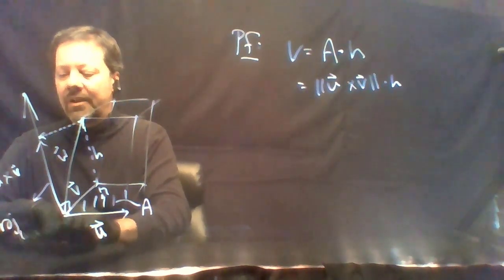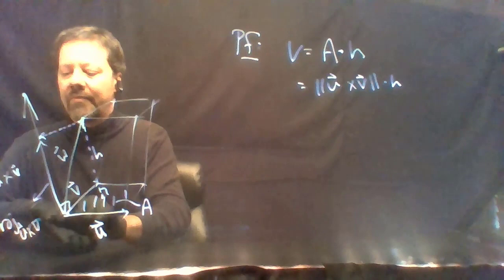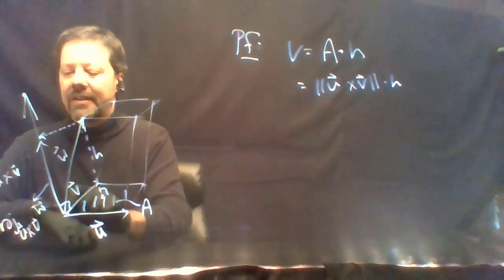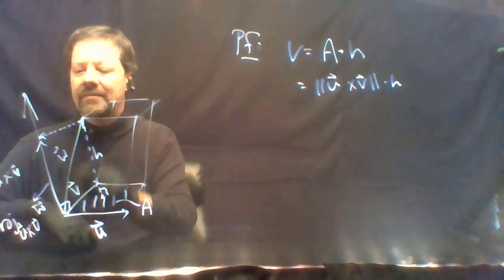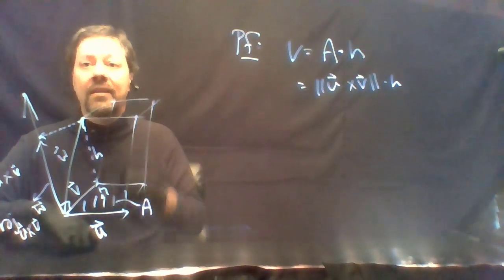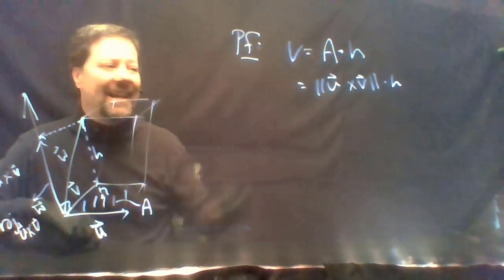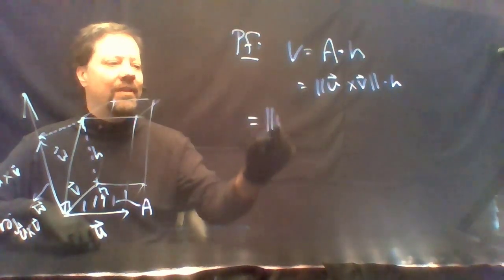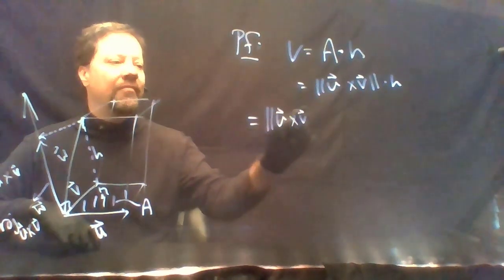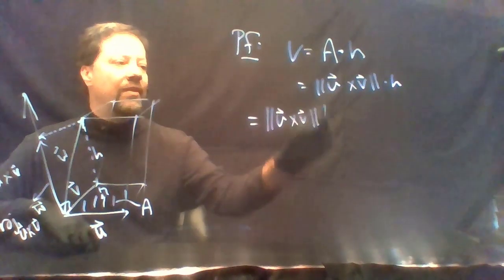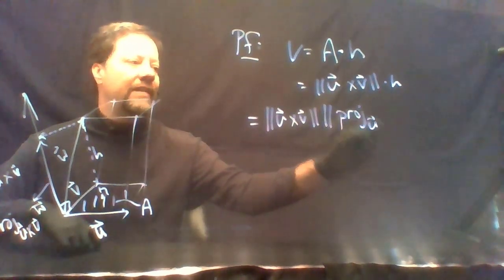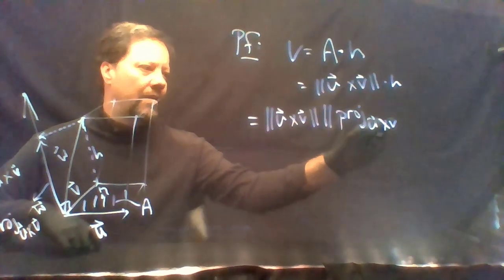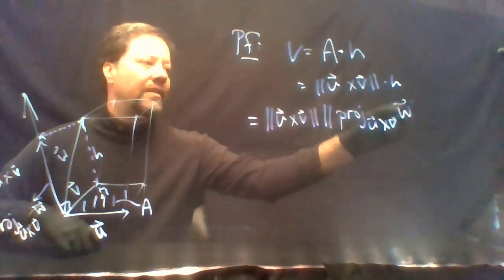The projection onto u cross v of the vector w. If you calculate its norm, the norm of the projection, that must be the same as the height. So this is going to be the norm of u cross v times the norm of the projection onto u cross v of the vector w.